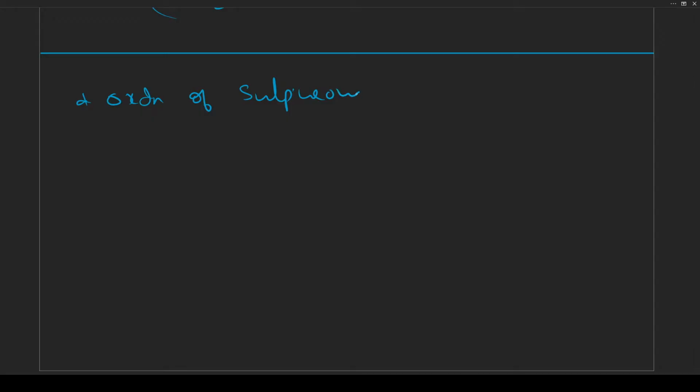Now coming to the next reaction, oxidation of sulfurous acid or sulfite ion by KMnO4.